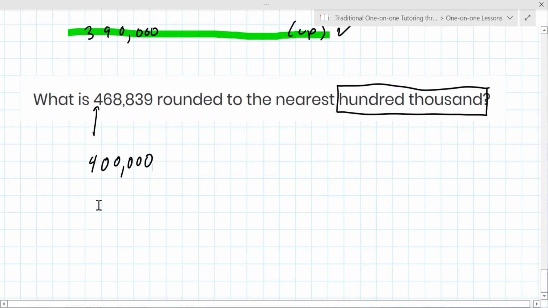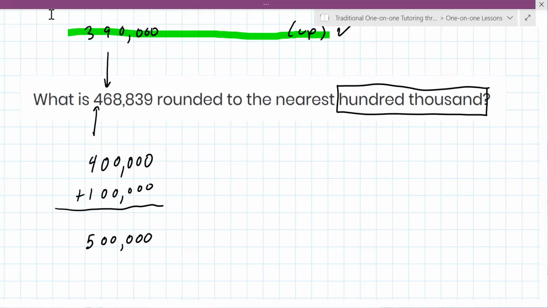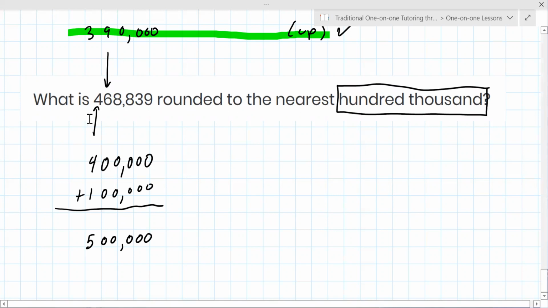Yes. Okay. And then if you're rounding up, you add 100,000 to it. So when you add 100,000, it's 500,000. So you're right, you do go to this 6, but do you round up or down based on the 6?